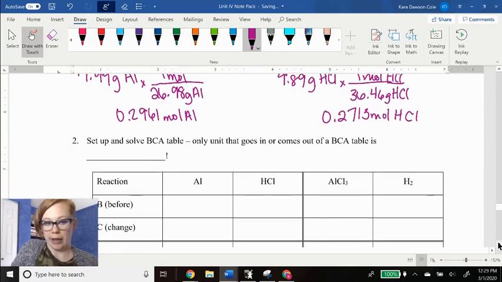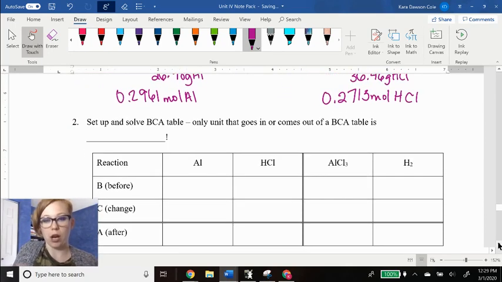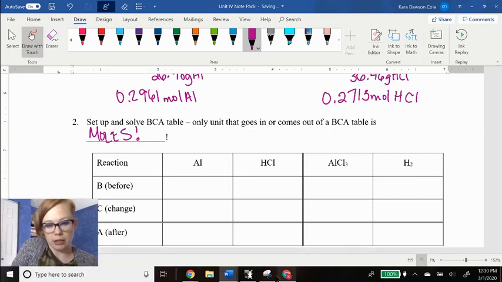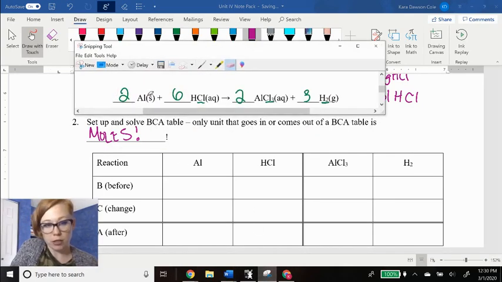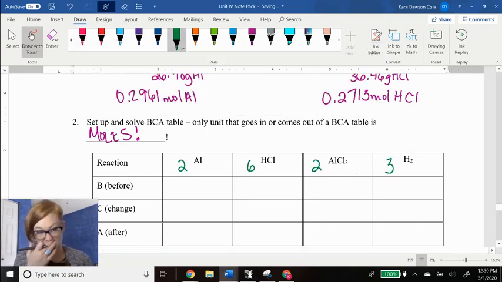So, setting up a BCA table, the only unit that goes in or comes out of a BCA table is moles. Moles are extremely, extremely important. I'm going to go back to this reaction because this is the reaction that we're using, and I'm going to plug my coefficients into the top for the reaction part. That's going to become important a little bit later.